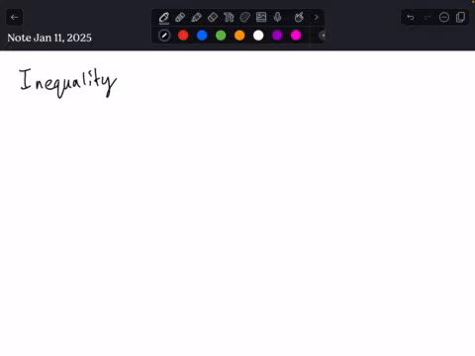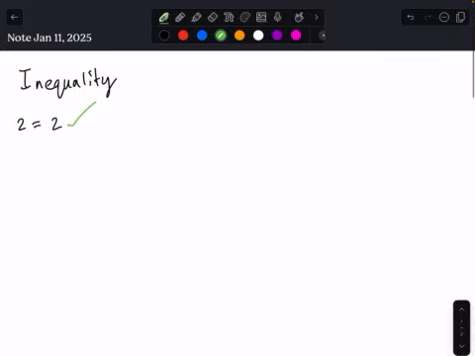So far, we've just been talking about equations, which is basically the relationship between two sides of the equal sign, and hopefully all the values of both sides of the equal sign are true, and that's what gives you an equation.